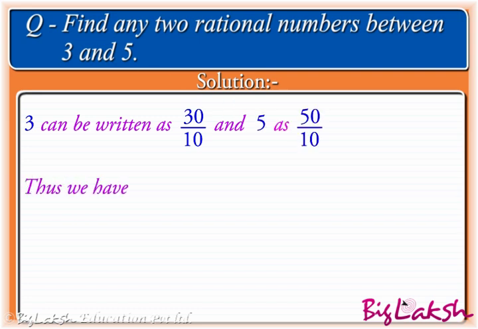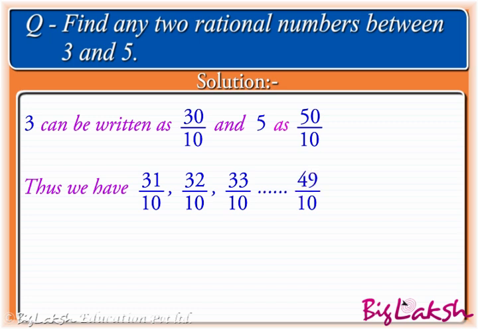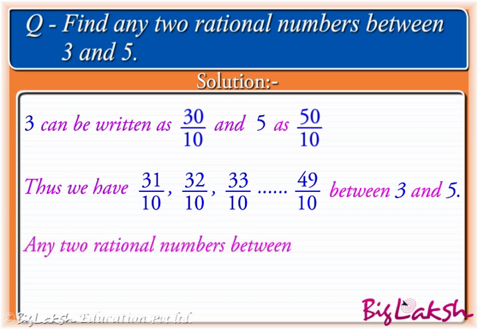Thus, we have 31 by 10, 32 by 10, 33 by 10 and so on till 49 by 10 between 30 by 10 and 50 by 10, or we can say between 3 and 5. Any two rational numbers between 3 and 5 are 31 by 10 and 40 by 10.